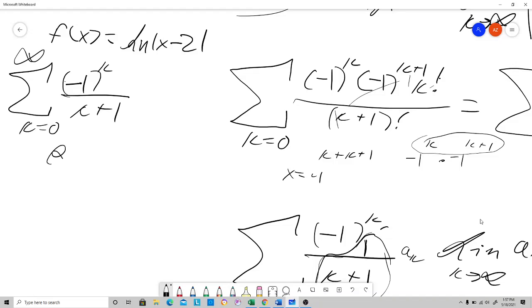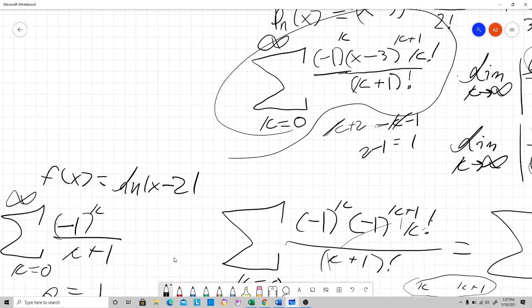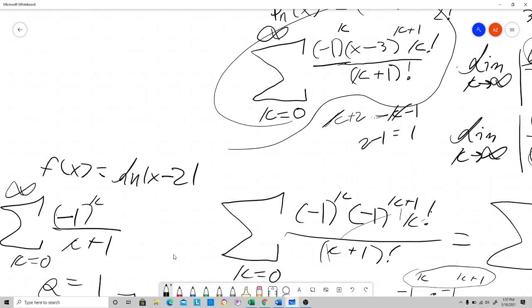Our radius of convergence is 1, and our interval is from 2 to 4. But we put a bracket on the 4 because we include it. But I did forget something. We do include this x right here, so we have an x minus 3 because it's our center, over k plus 1.